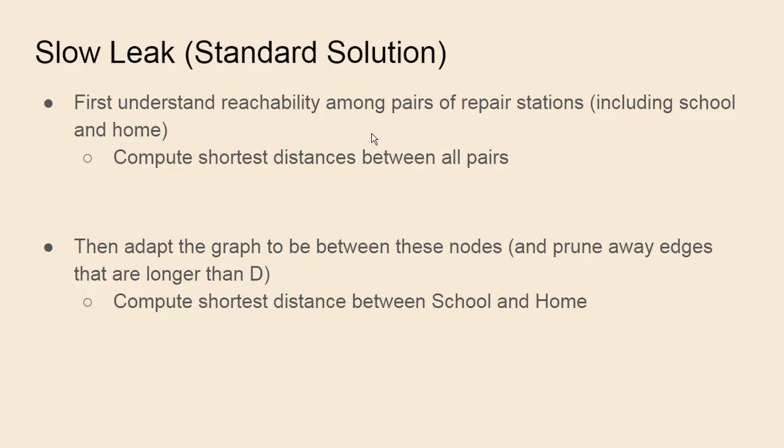Then all we care about is the repair stations and the school and home, and we can throw away any distance that is bigger than D, because that is a path we cannot take. After we prune that away, we get a simplified graph where each node is either the school or the home or a repair station, and the distance between them is always less than or equal to D. Then it's simply a shortest distance problem.